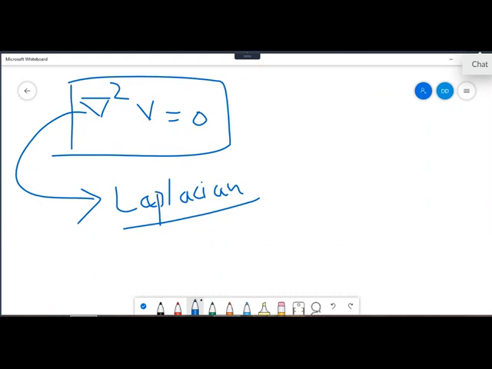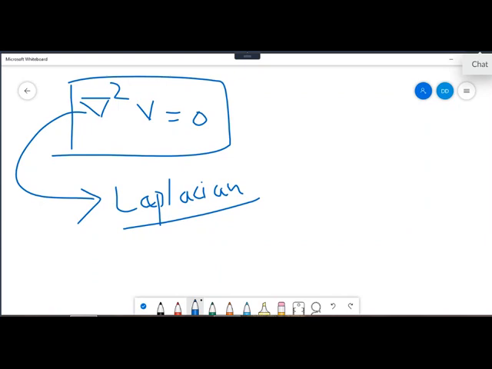But you know that field theory will not be that easy. Why this Laplace equation or Poisson's equation becomes complicated is this del, you know, del is what? Gradient, right? So this del square operator can be in 3 coordinate systems, right? Del square can be in Cartesian coordinate, cylindrical coordinate, and spherical coordinate.